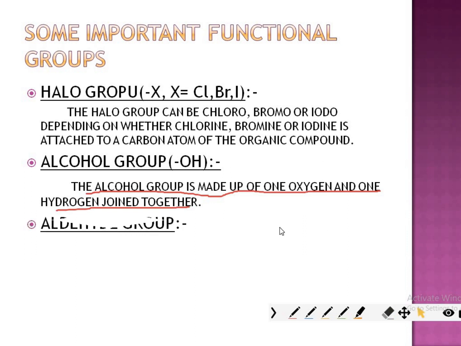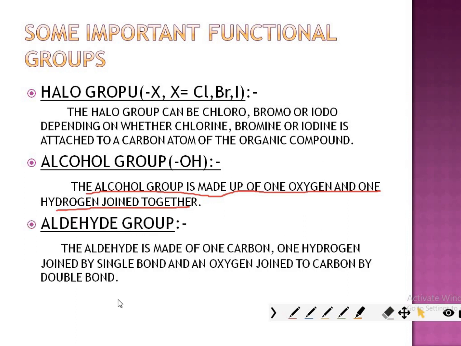Now next we have aldehyde group. Similarly, if we name this group, a very simple one, we will show it. Ethanal, it is CH3 CHO.